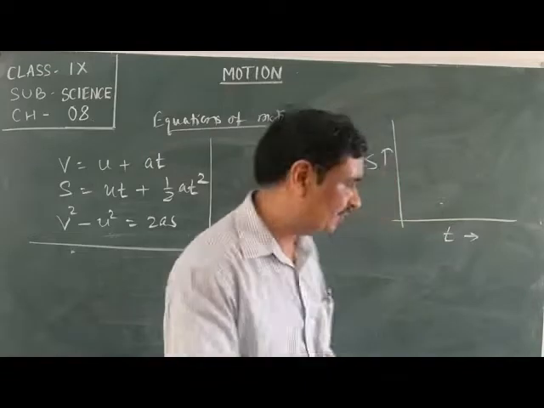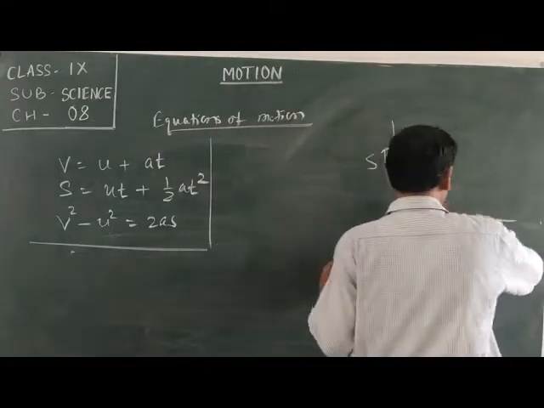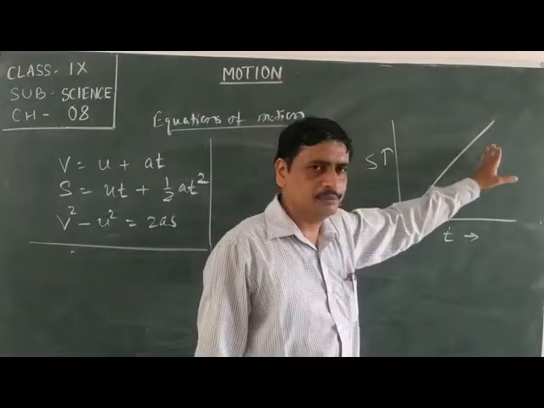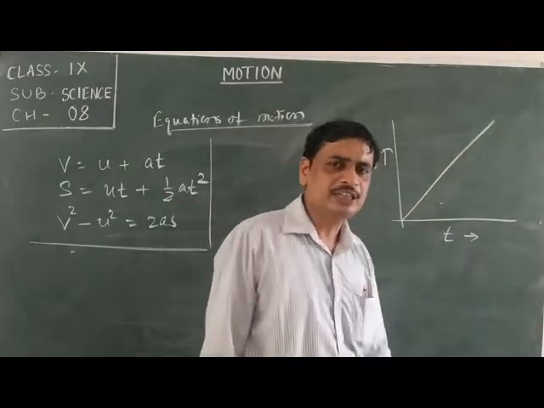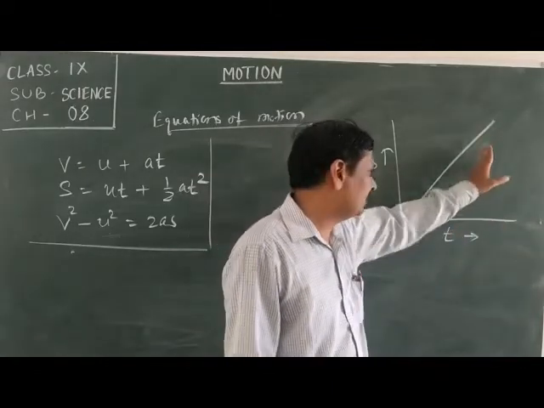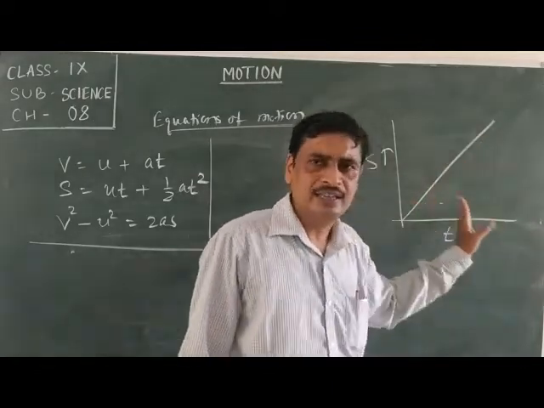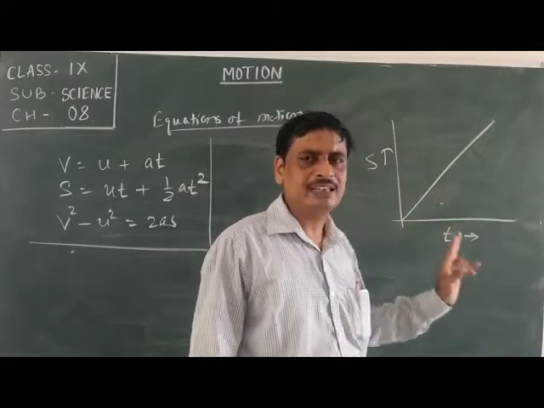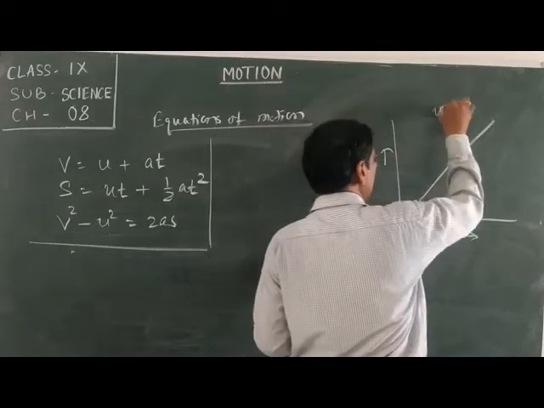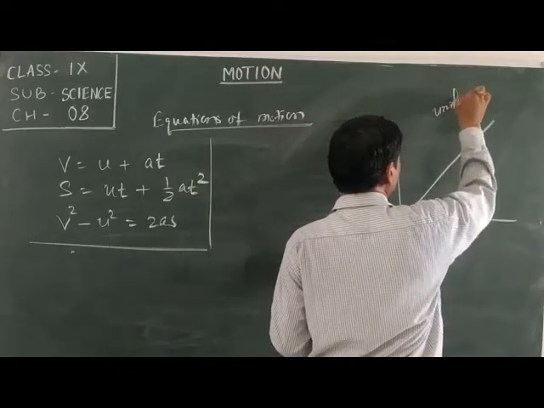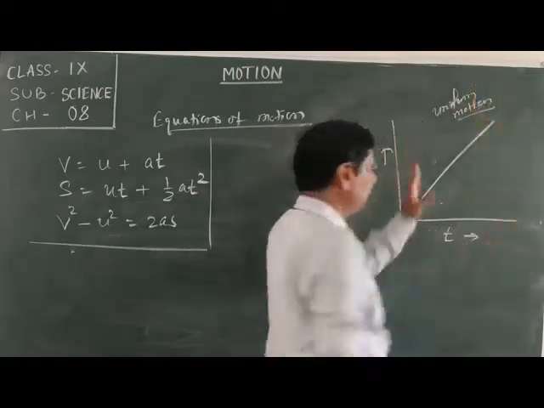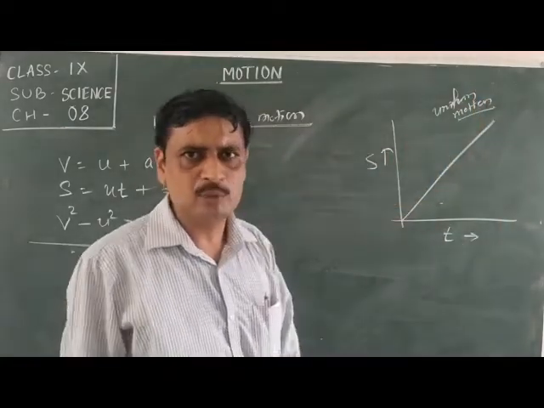If this straight line shows the motion of the body, then the body is said to be in uniform motion, because equal displacement is shown in equal intervals of time.